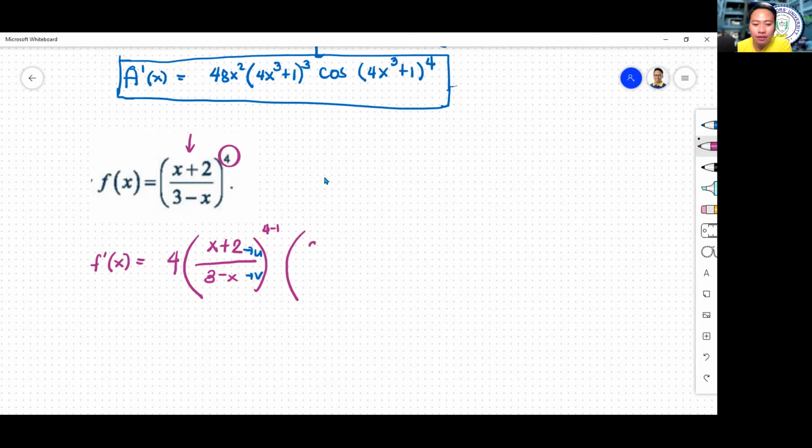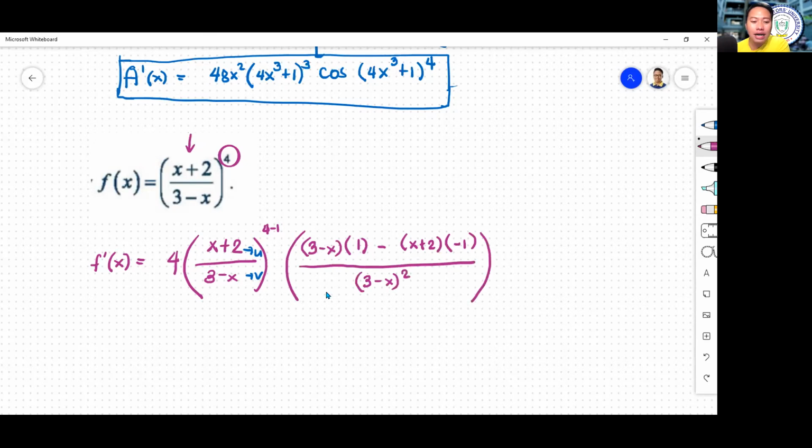You start with 3 minus x times the derivative of x plus 2, which is just simply 1, minus x plus 2 times the derivative of 3 minus x, which is negative 1, over 3 minus x squared.